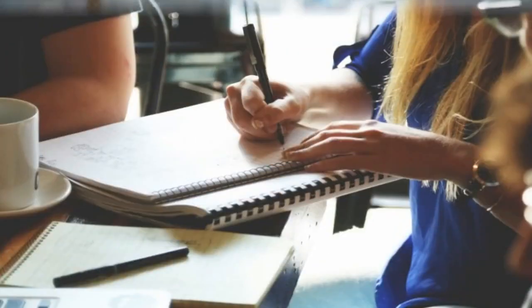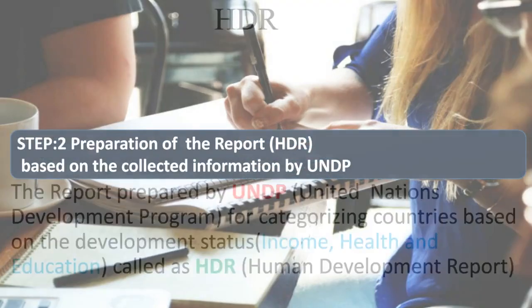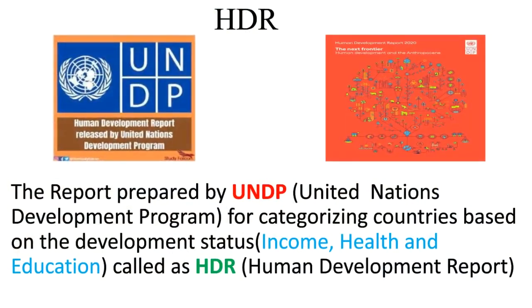Through the discussion done by experts, they prepare one report, and this is called the Human Development Report. Now it's time to define HDR. The report prepared by UNDP for categorizing countries based on the development status of income, health and education can be called HDR.